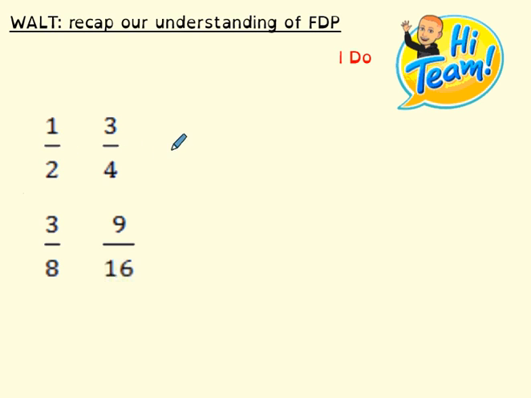Well, I know that 1/2 is the same as 2/4. So if I've got 2/4 and 3/4, I can see that 3/4 is the greater value. So 2/4 or 1/2 is less than 3/4. Same again here. I can use 16 as my common denominator.